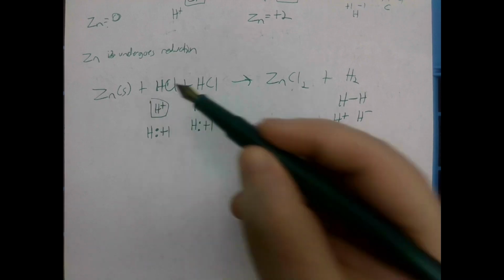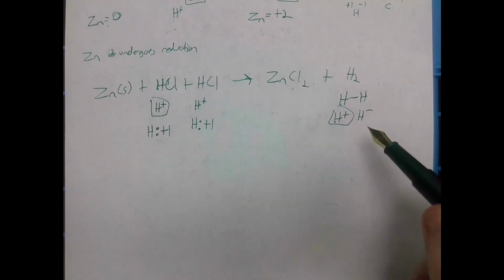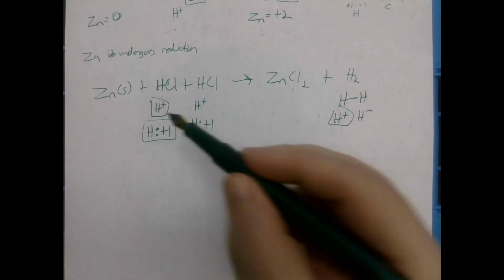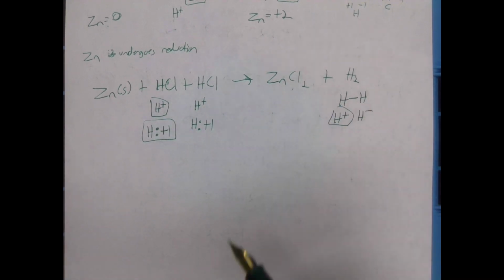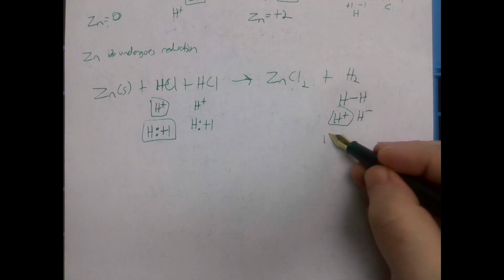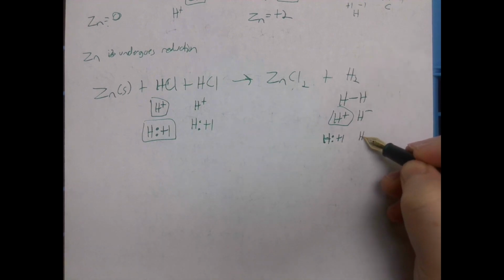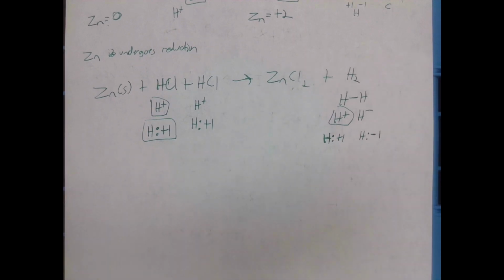So if we compare this one and this one, the oxidation number is the same. So this one has an oxidation of +1. This one has an oxidation of -1.